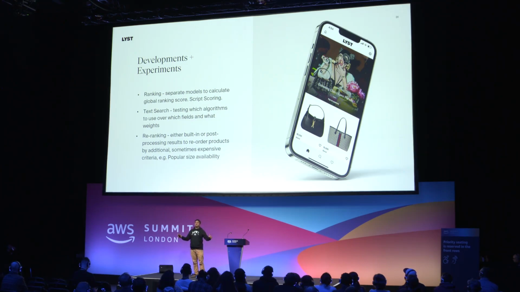So that is OpenSearch without getting to vector search, the status quo. Now we're going to talk about how we use the vector search capabilities to really take us to the next level of semantic search, personalization, and the more advanced things that we'd like to do.